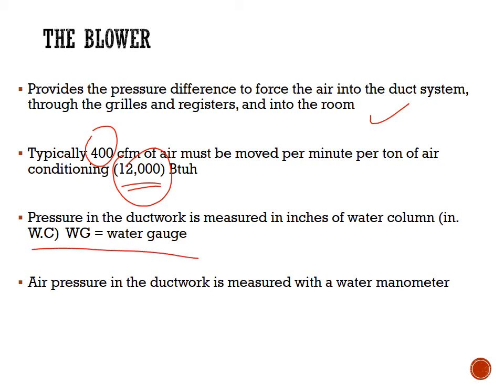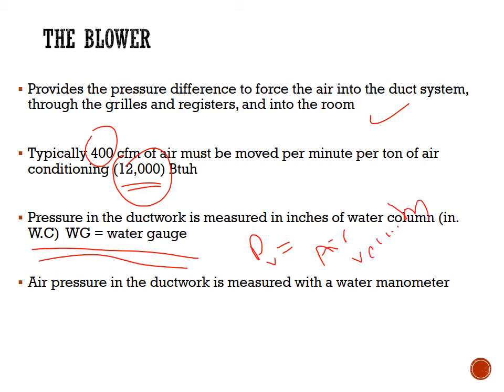Again, the pressure inside the duct is measured by water gauge, and if you use a manometer to check your pressure inside the duct, it will tell you the velocity pressure inside the duct. That's important because by measuring the pressure, you can convert that velocity pressure into air velocity.